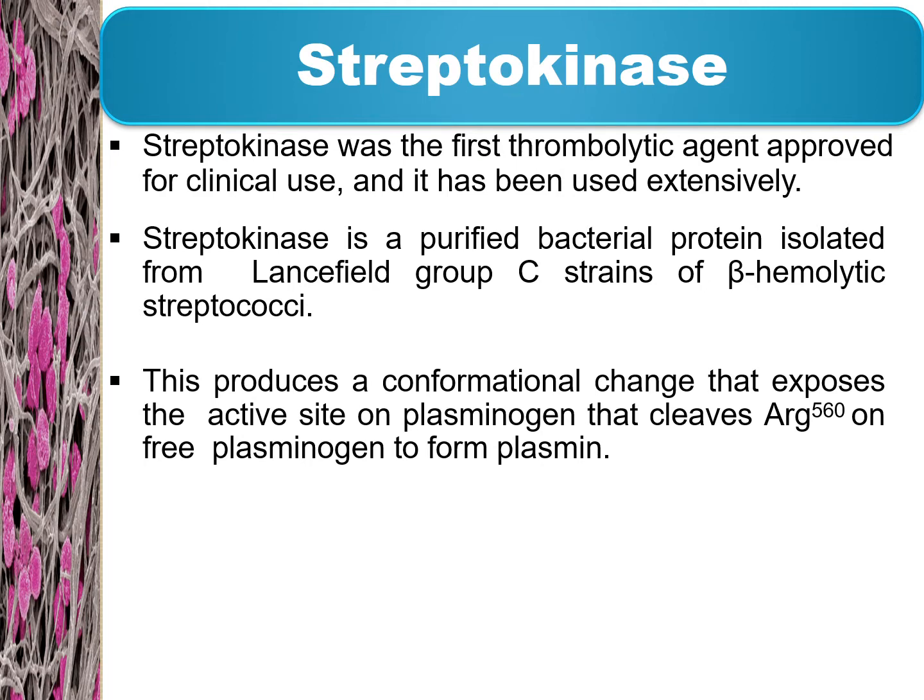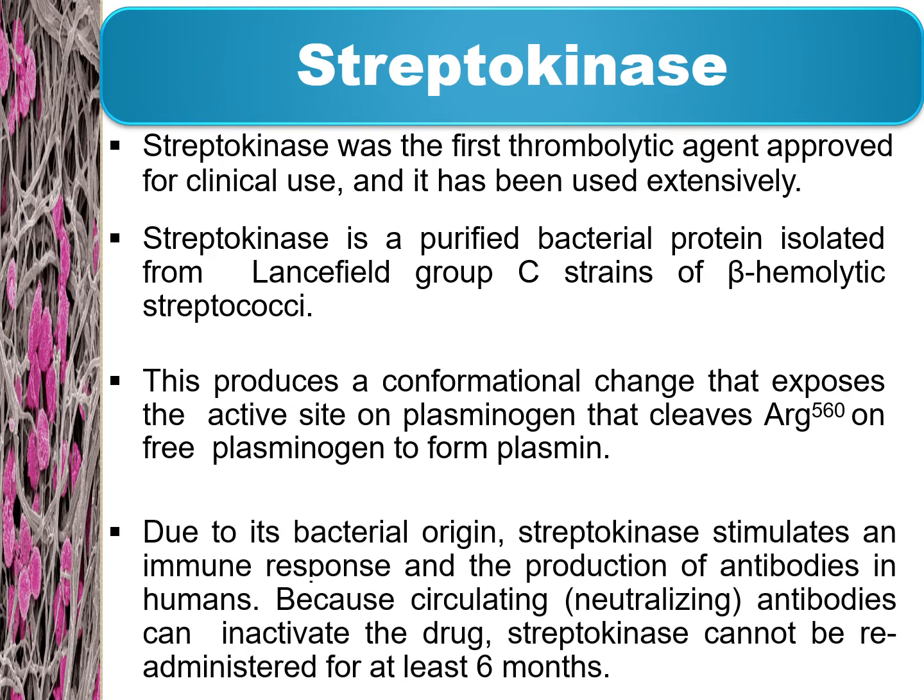This produces a conformational change that exposes the active site on plasminogen that cleaves Arg 560 on free plasminogen to form plasmin. Due to its bacterial origin, streptokinase stimulates an immune response and the production of antibodies in humans. Because circulating, that is, neutralizing antibodies can inactivate the drug, streptokinase cannot be re-administered for at least 6 months.